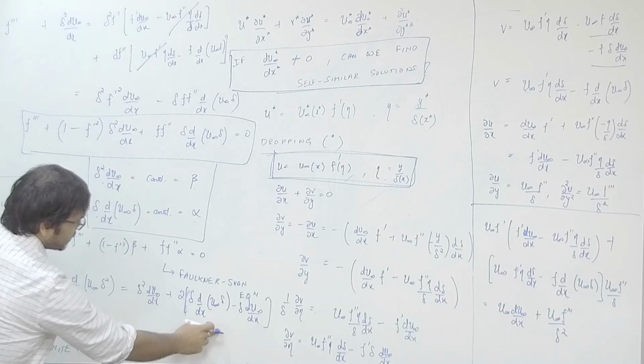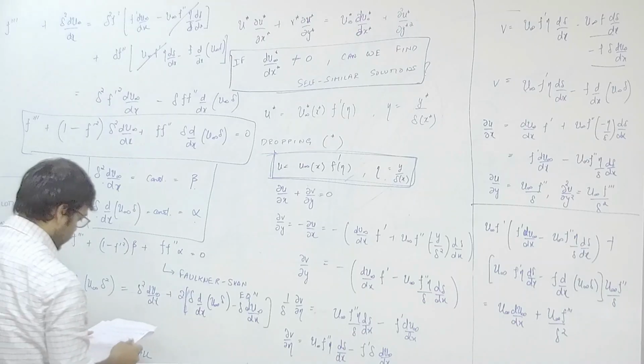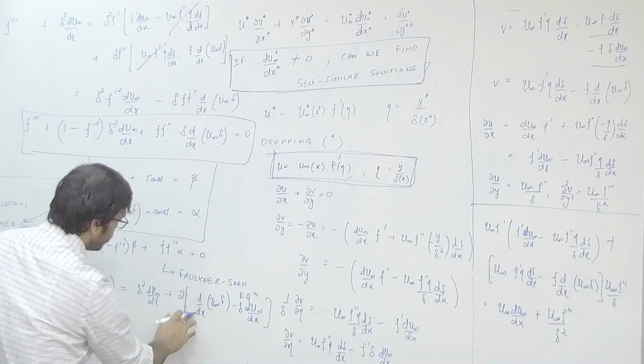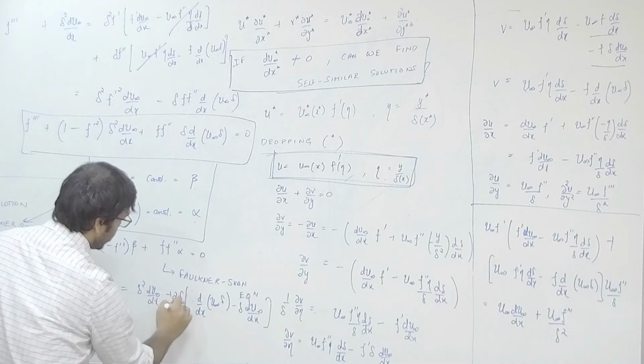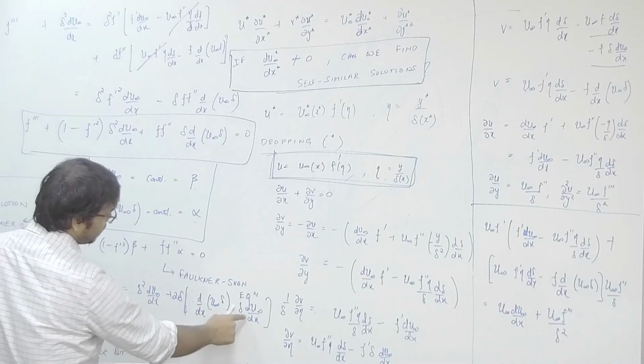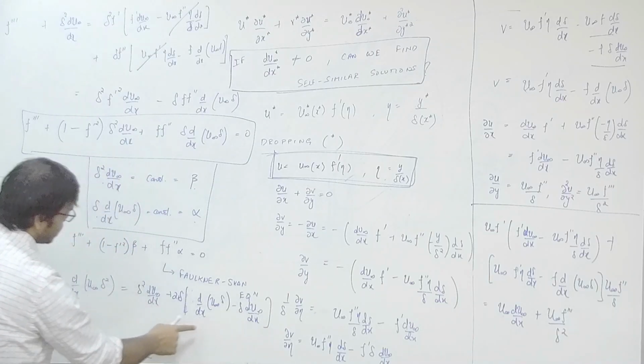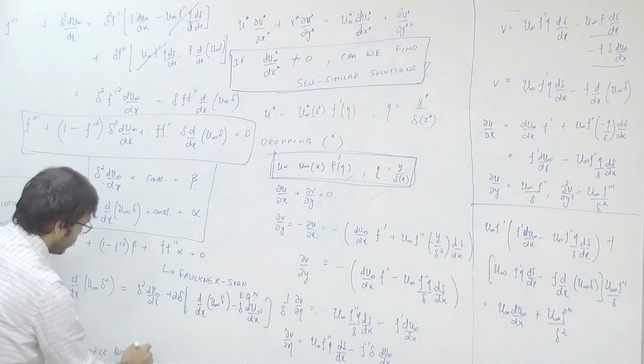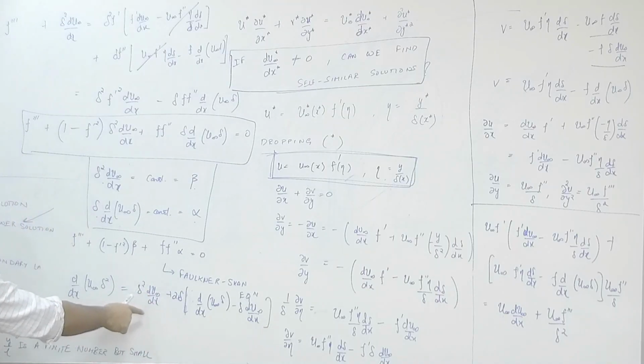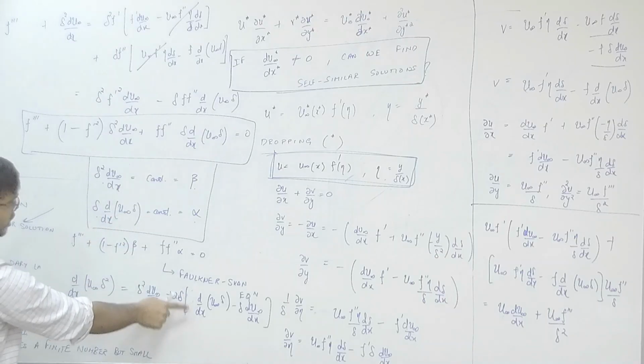So, if you look at this, delta should be outside, it should be 2 delta. So, here I am writing u infinity d delta by dx like this, which is what you get from here. The reason I am doing this is because these terms I know directly.